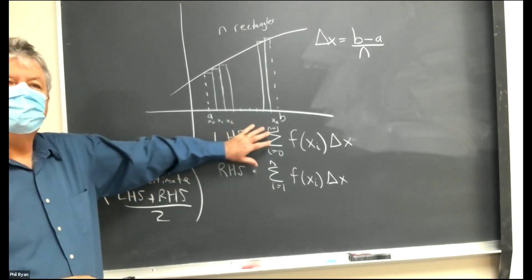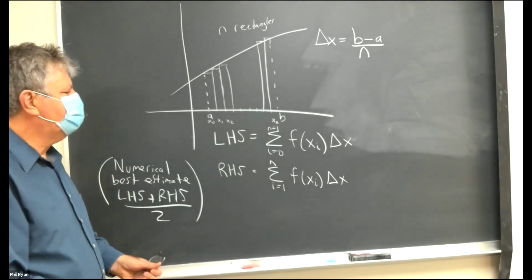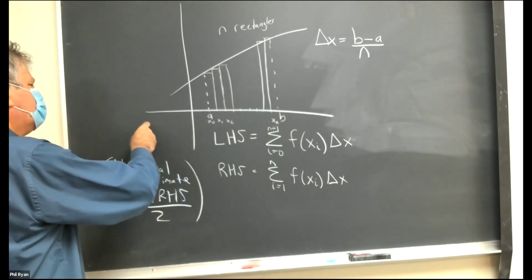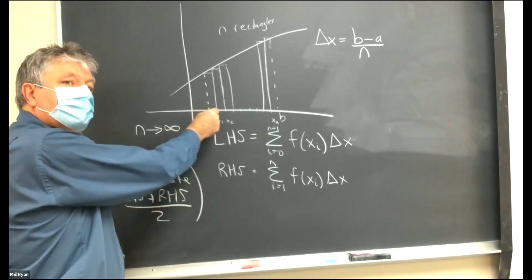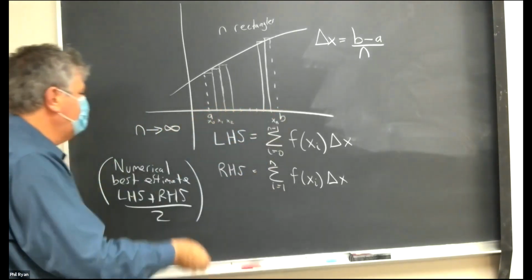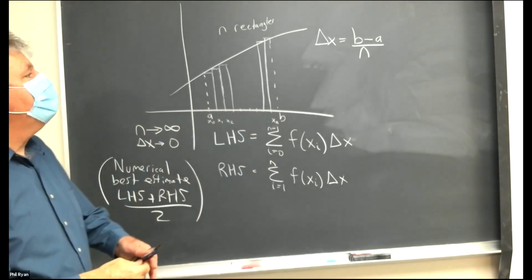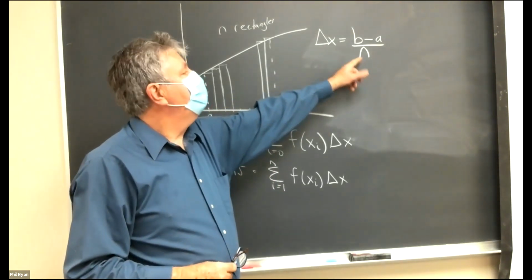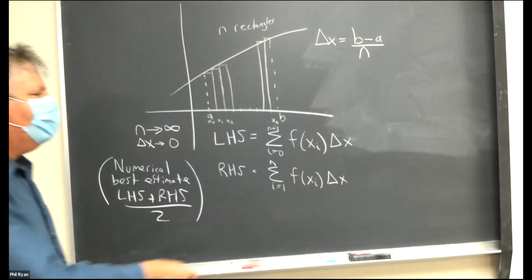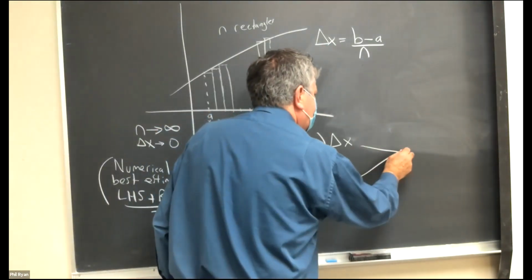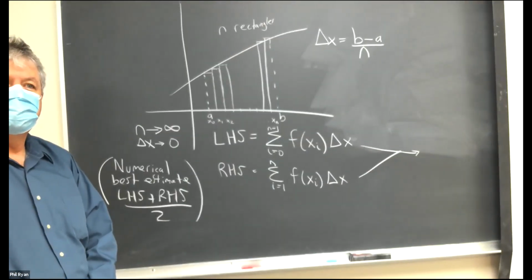These still give you estimates, and the nice thing is if we let n go to infinity, i.e. we're cutting it up into finer and finer rectangles, that's the same thing as letting delta x go to 0, right? As n goes to infinity, the rectangles become skinnier and skinnier. Both of these things will go to the same answer.